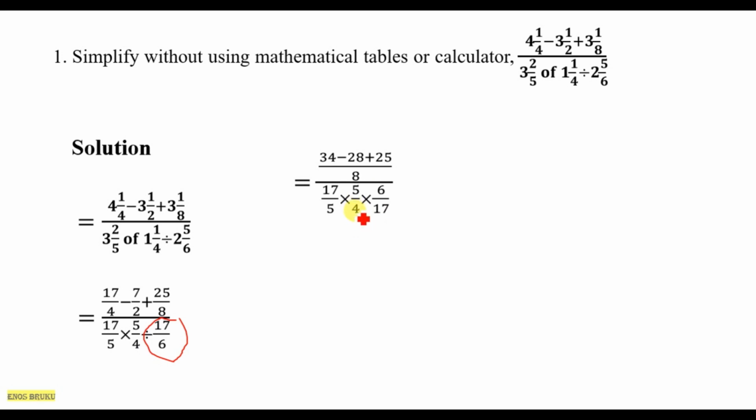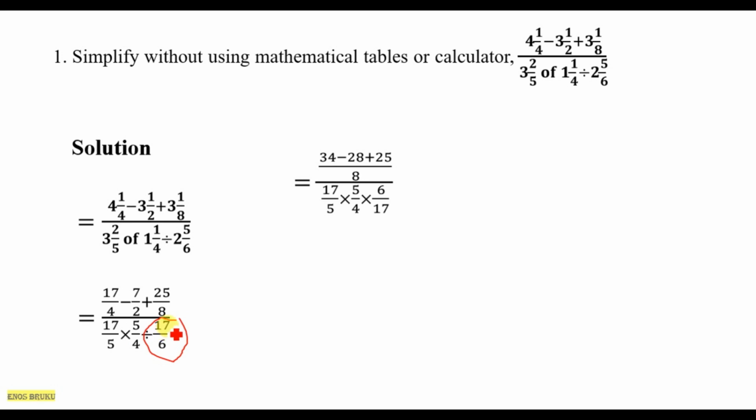But once you do that, the fraction to your right must reciprocate. So if this was 17 over 6, once we change the operation to multiplication, the 17 over 6 must change to 6 over 17. It doesn't matter the fraction. Once the operation sign changes, the fraction must reciprocate.